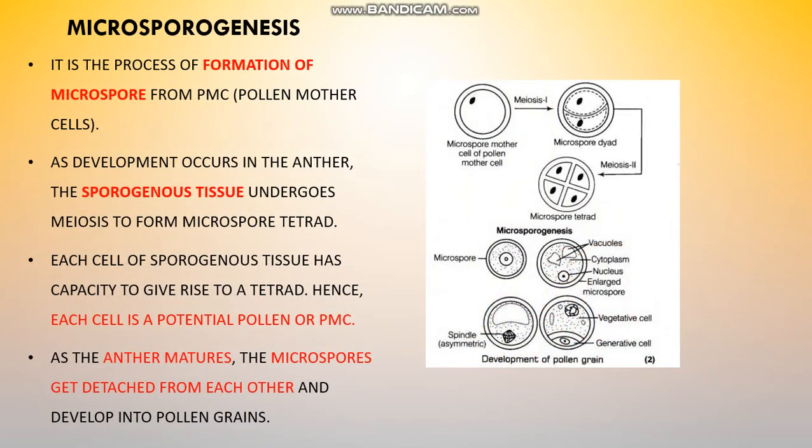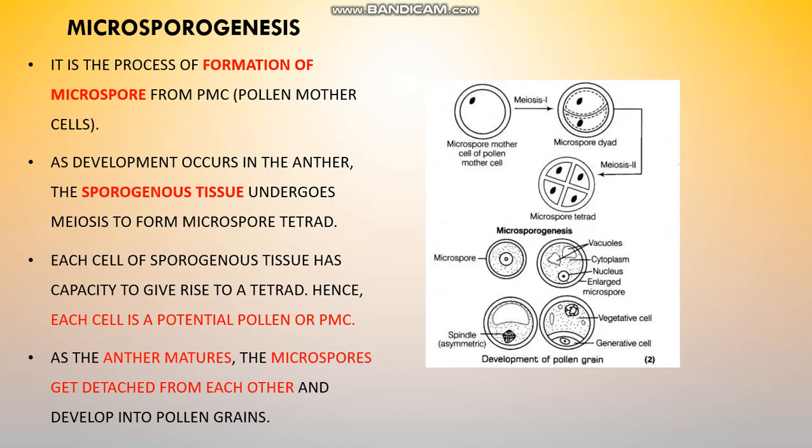Now, today we'll start with the topic microsporogenesis. Here, genesis means synthesis or formation. And what is forming over here? Microspore. So microsporogenesis is the process of formation of microspore from pollen mother cell or microspore mother cell.